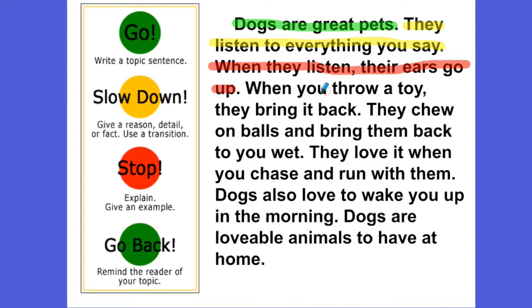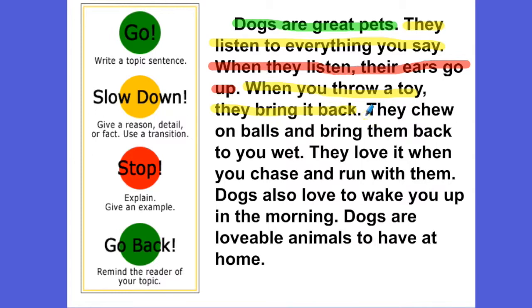Now let's look at the next sentence. When you throw a toy, they bring it back. Is this a new detail, or is this telling me about listening? I think here I would say that this is a new detail. It's telling me about dogs when you throw a toy.